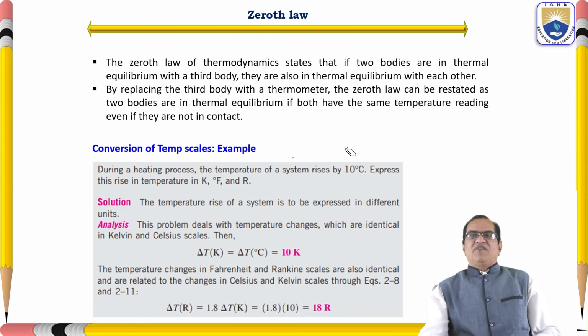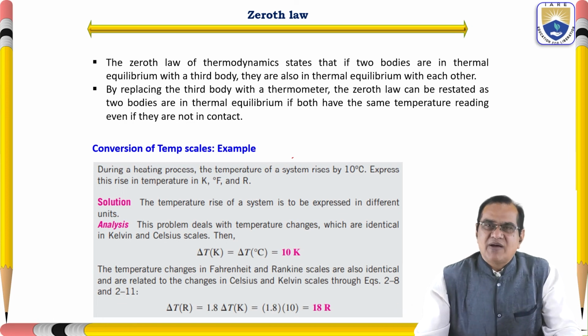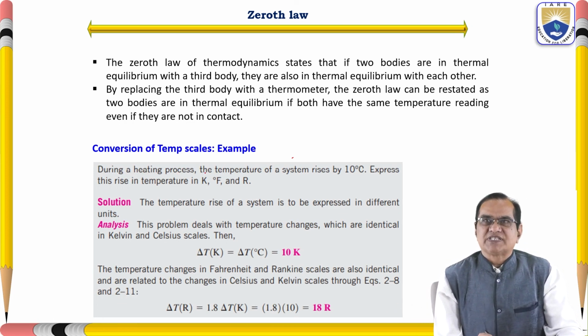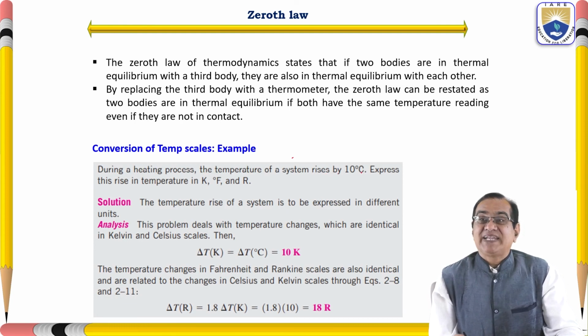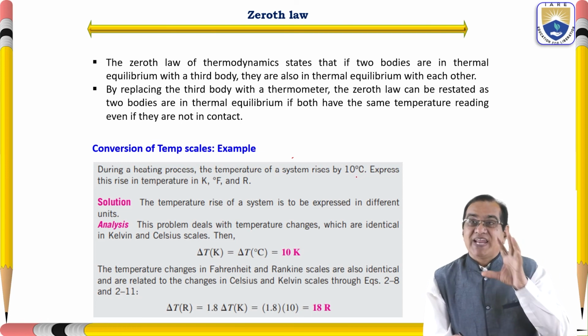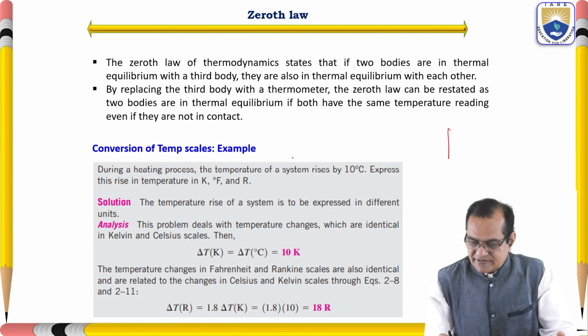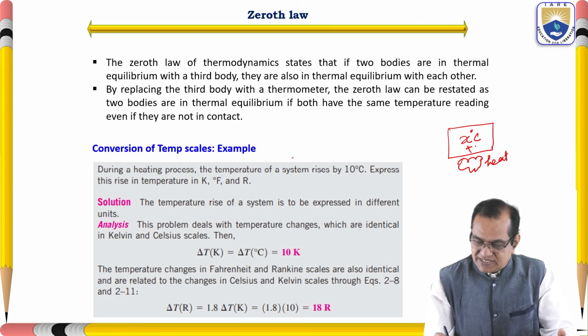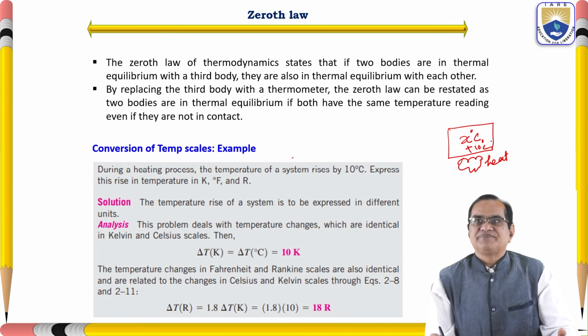So, conversion of temperature scales, one example I am just putting. During a heating process, the temperature of a system rises by 10 degrees centigrade. We are heating the system, like this is x degrees centigrade initially, and we give some heat, and now the temperature is x plus 10 degrees centigrade.